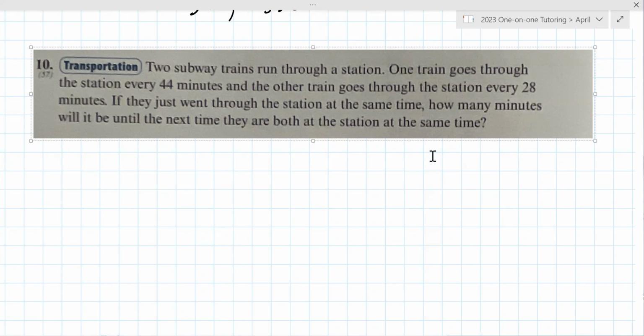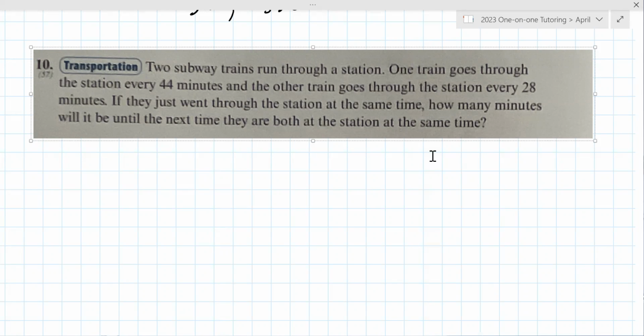The other train goes to the station every 28 minutes. If they just went to the station at the same time, how many minutes would it be until they were both at the station at the same time? So, I mean, it's asking us where they intersect time-wise, I guess.